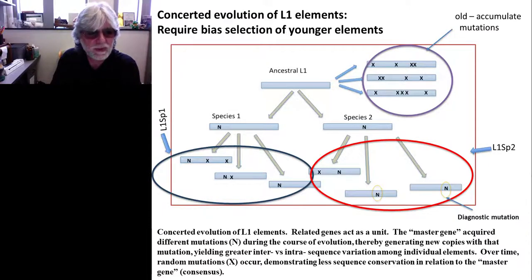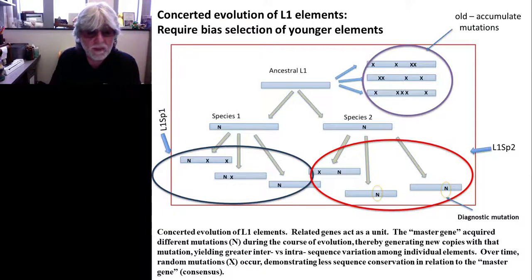In this particular case, you have an ancestral L1 from an ancestral species, and it made copies. These copies accumulate random mutations, so that's what the X's are. And through time, what's shown as the ancestral L1 is the master gene that generates copies.